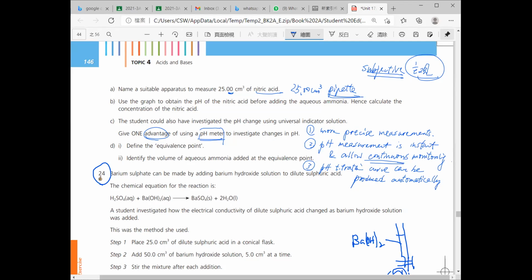D1. Define the equivalence point. What does mean by equivalence point?